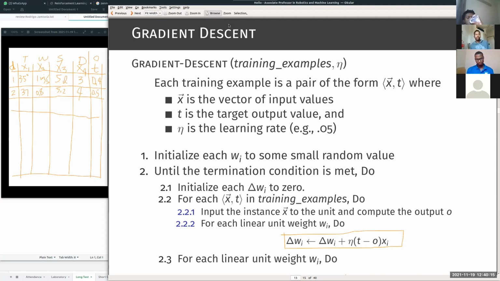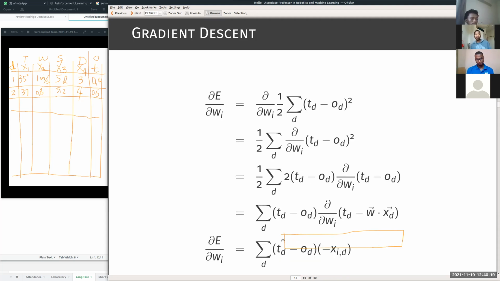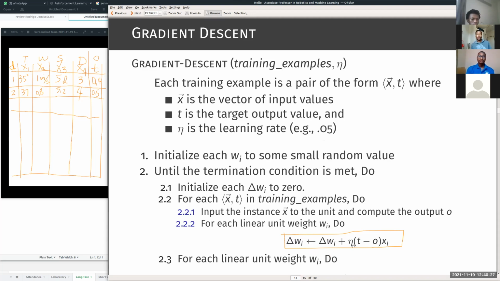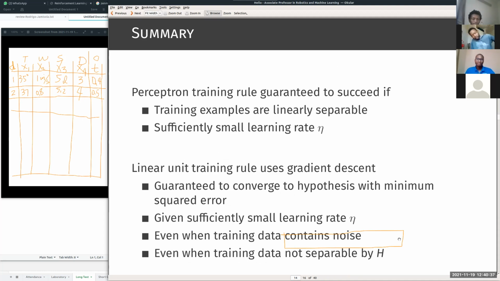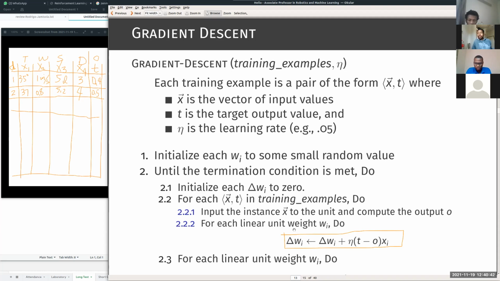So we have seen already that the gradient is the summation of target minus output multiplied by the Xi, okay? So now, in summary, this is how we are going to input.